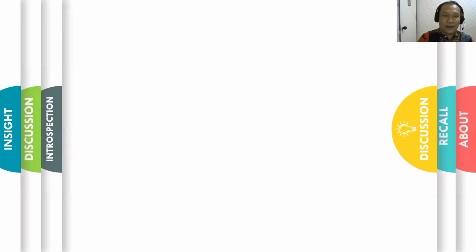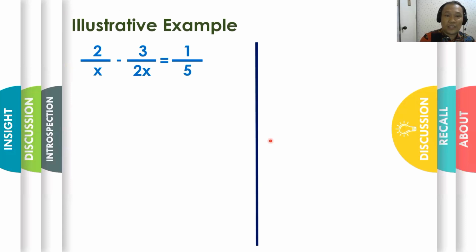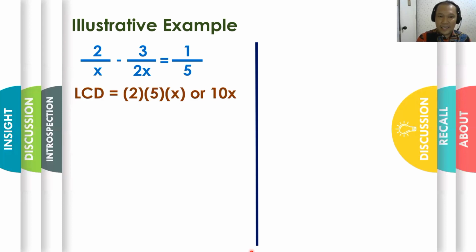Okay? Now, let's proceed with our illustrative example. I have here 2 over x minus 3 over 2x is equal to 1 over 5. Now, in this case, as always, we have to follow our procedure. And that is, first, get the LCD.